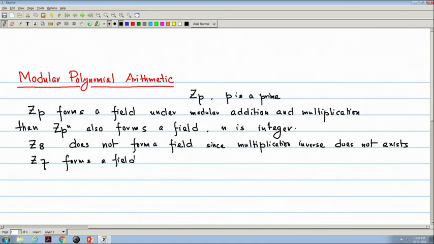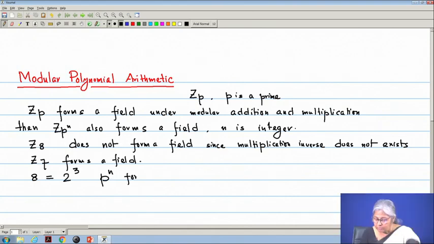Now, 8 is 2 to the power 3, so it is of the form p to the power n, where p equal to 2 and n equal to 3.